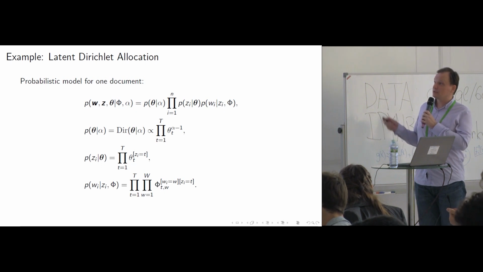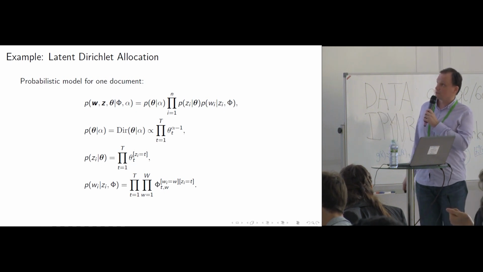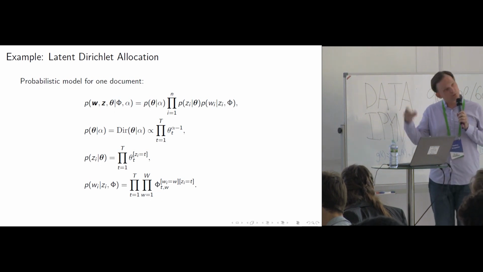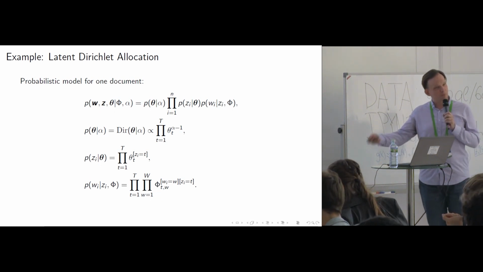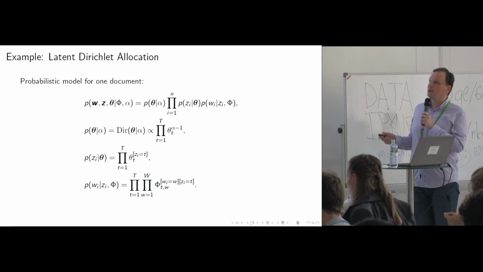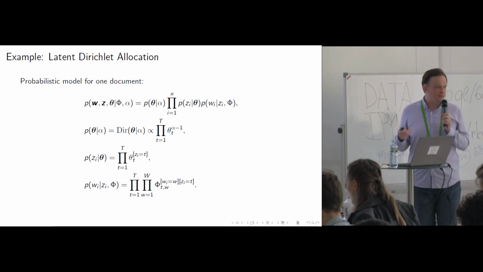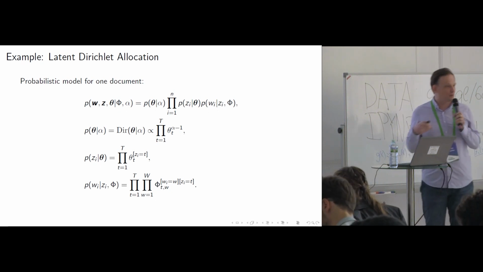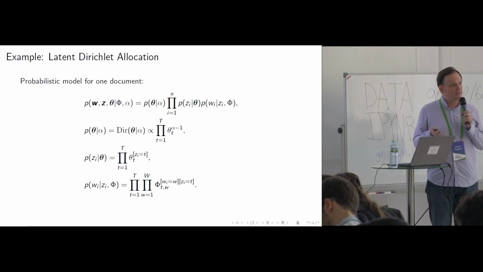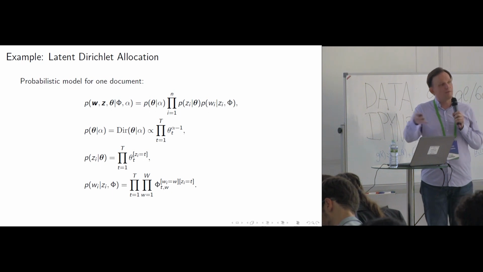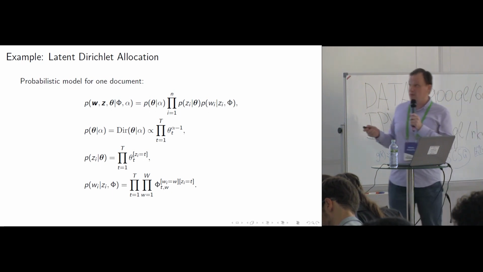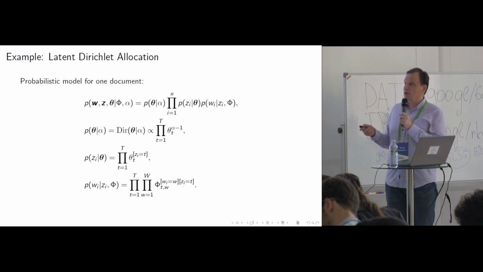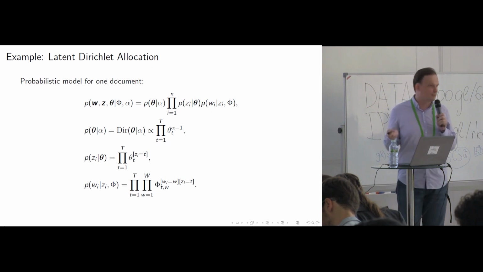In this model, we have three groups of factors: two discrete distributions, the distribution of topic assignments and of word assignments, and also, if we are Bayesian, we need to put a prior distribution over theta, the probabilities for each topic. These probabilities lie in the probability simplex, so we need to put some distribution over the probability simplex.